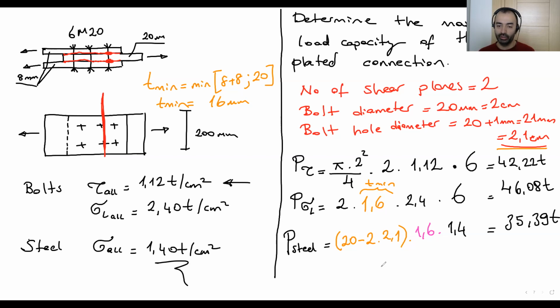So at the end of the day, what is the connection capacity P? We have these three numbers, and we have to decide the capacity. Of the three capacities, the minimum of these gives us the total connection capacity.